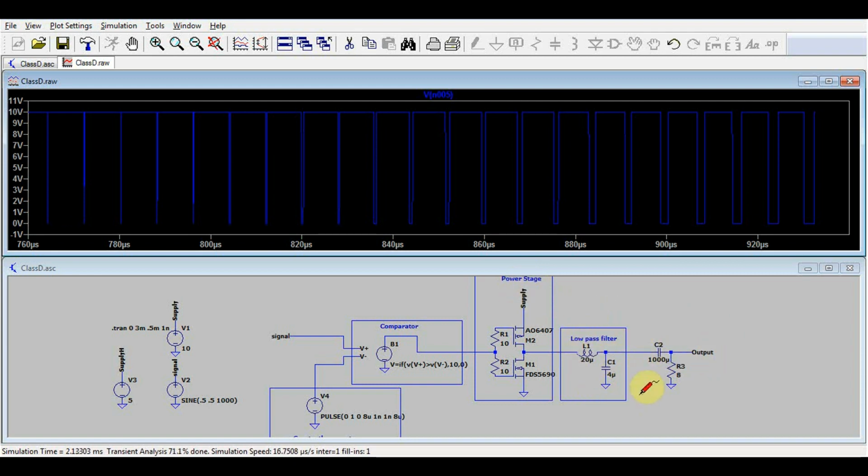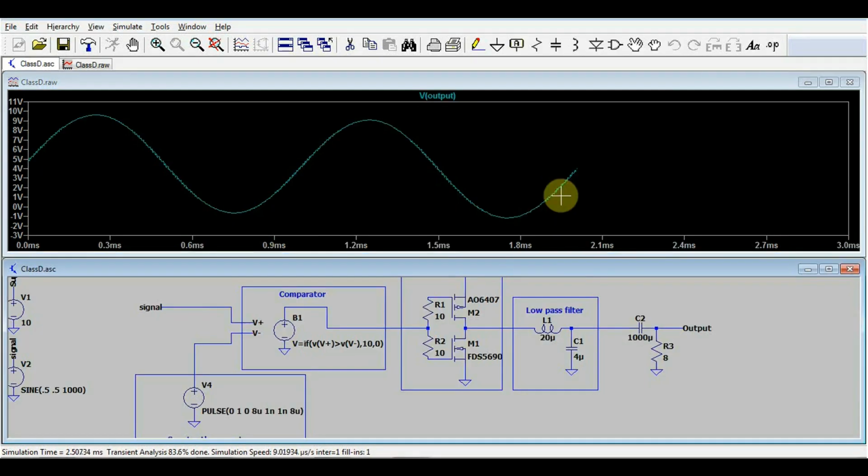You will have no significant losses on your low-pass filter since these are not active components, and you will end up with very high efficiencies. In practice, you can easily exceed 95%. And that's what makes the D-class amplifier highly used when high efficiency is required or when extremely high output powers are required, when a typical class AB would just destroy itself by overheating. And basically, this is how the D-class amplifier works.